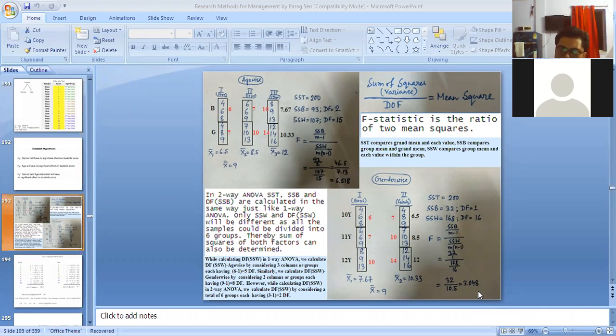If your p value is less than 0.05, then you will reject your null hypothesis. But if it is greater than 0.05, because usually we take a 95% confidence level, you cannot reject your null hypothesis. Whatever I am saying right now, all these cases are for the one-way ANOVA.